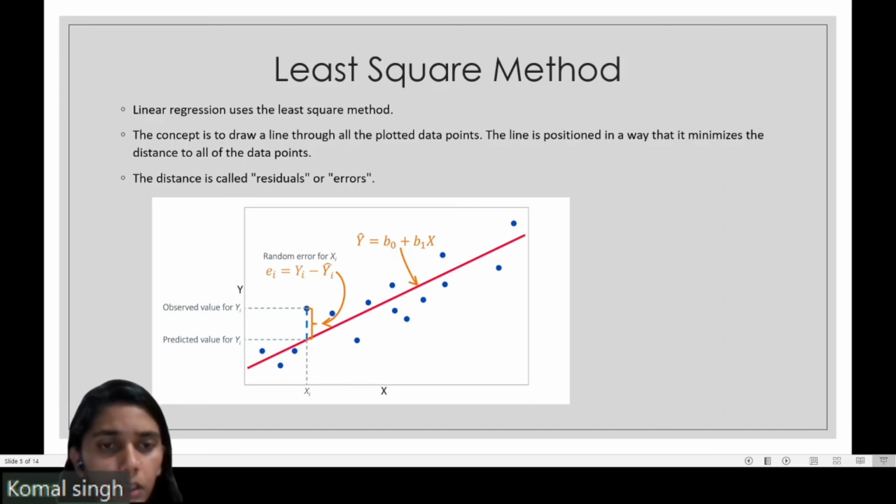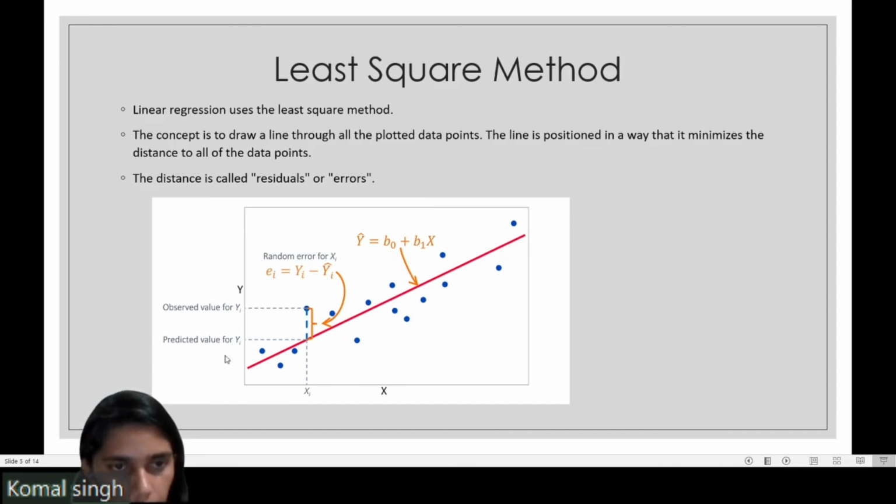The distance between this line and the data point is called the residual, or error.